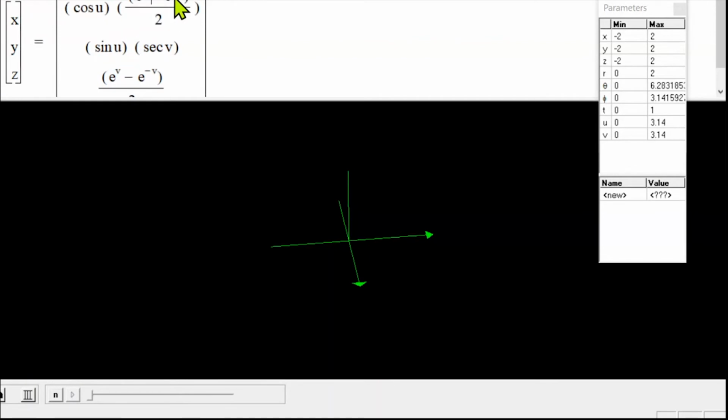Paste this and change that to plus sign. Okay. And then I will copy and paste this whole thing.